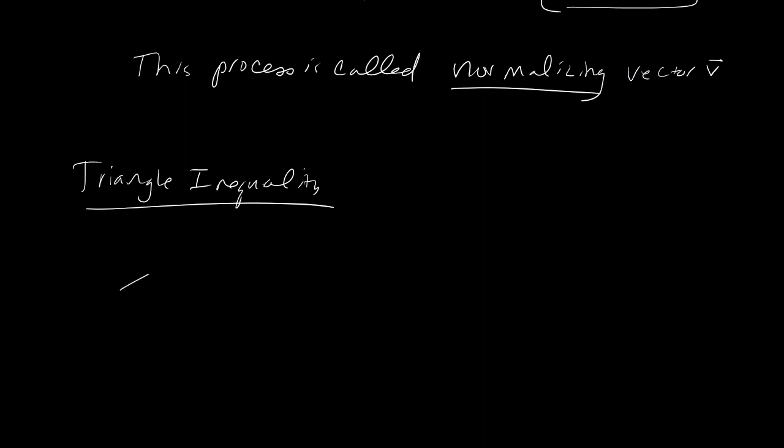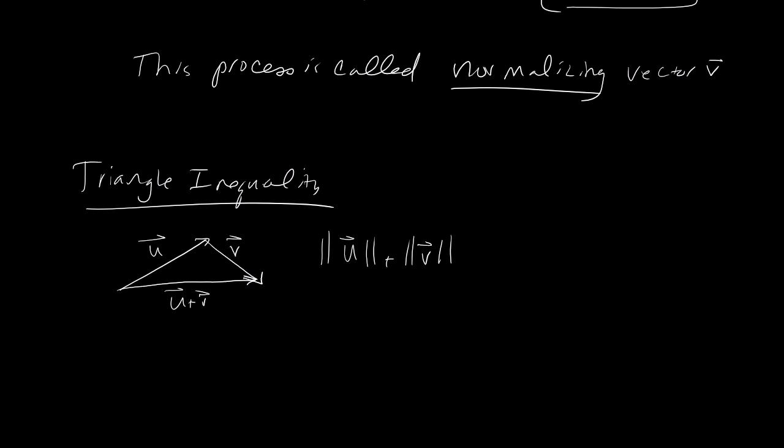So that's what that's saying. So suppose I have vectors u and v, and the sum of those two vectors, u plus v. Then the triangle inequality says that the sum of the magnitude of u and the magnitude of v is going to be larger than or equal to the magnitude of u plus v.